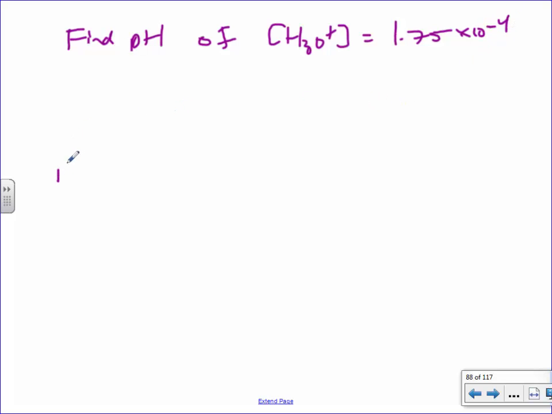And then I want you to find the hydronium amount if the pH is 8.57. You actually don't need a calculator to guess a rough estimate on this. If you understand what I'm trying to tell you here about exponents and logarithms, you can actually guesstimate it.